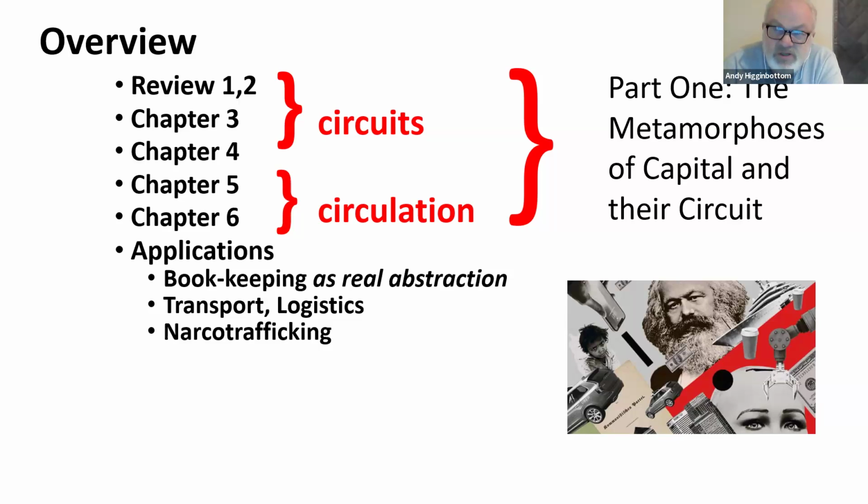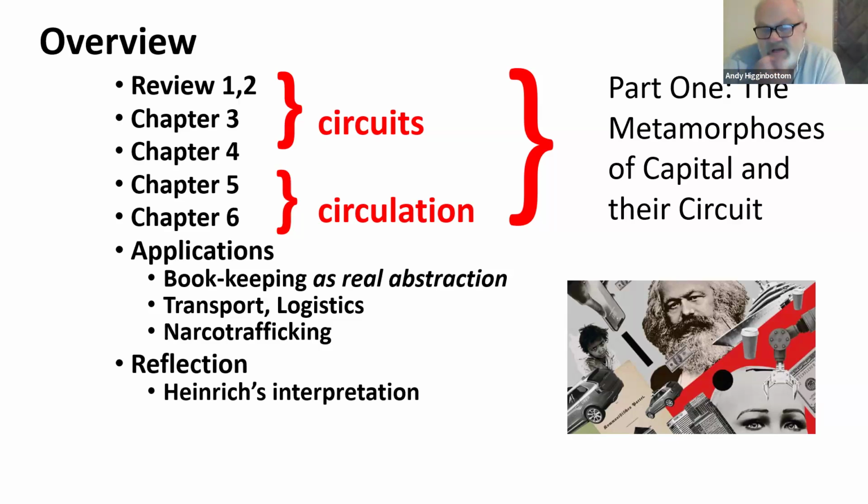There are some pretty obvious applications for what Marx has been telling us, just to try and get a different way of seeing what he's doing. And there are some very contemporary applications of his work, especially on circulation, which we'll come to toward the end of the lecture. In the reading groups, one point of view has cropped up, and I will respond to it, which is Heinrich's interpretation of value and exchange value, which I think is normally debated around the first part of volume 1, chapter 1.